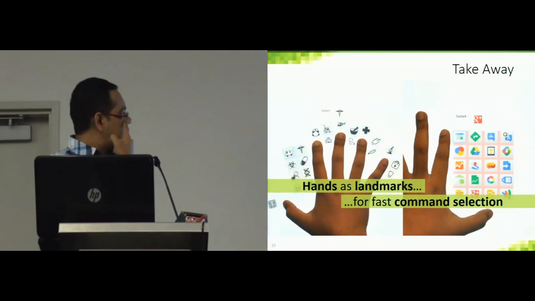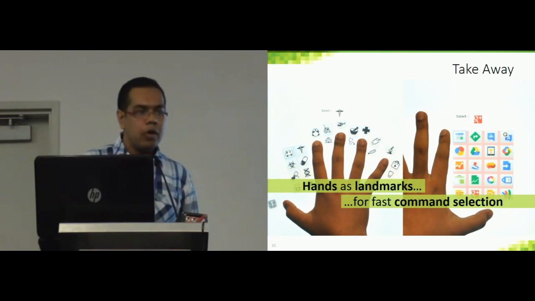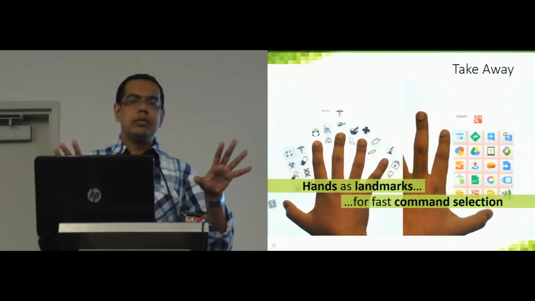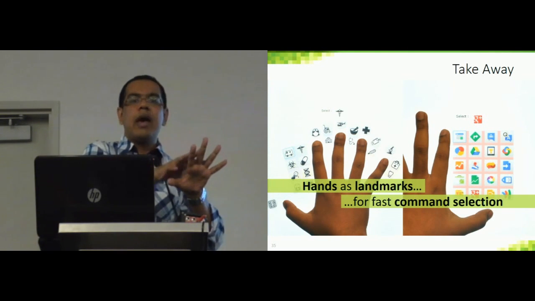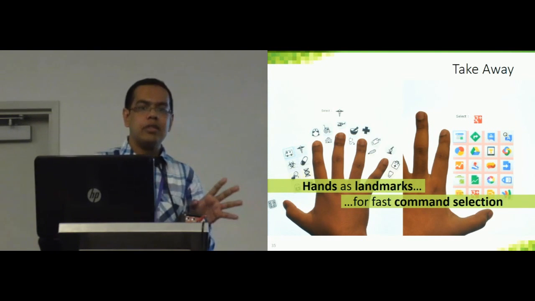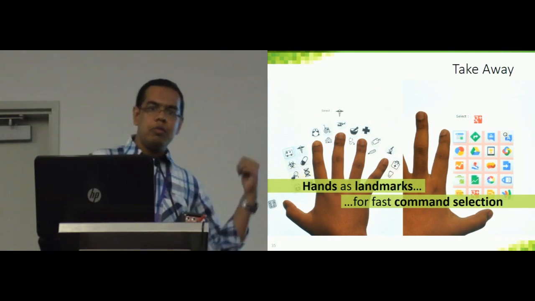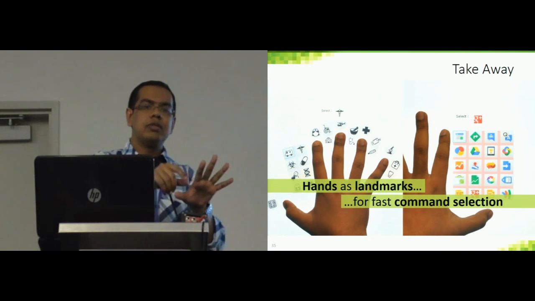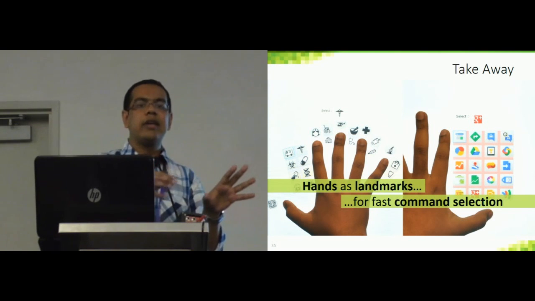Okay. In the case of HandMark-Finger, we used 2 hands, and we used the spaces between the hands. We thought it would be really hard for people to remember the commands at first. But from the experiment, we found out that people easily remembered the positions, and they preferred this technique.